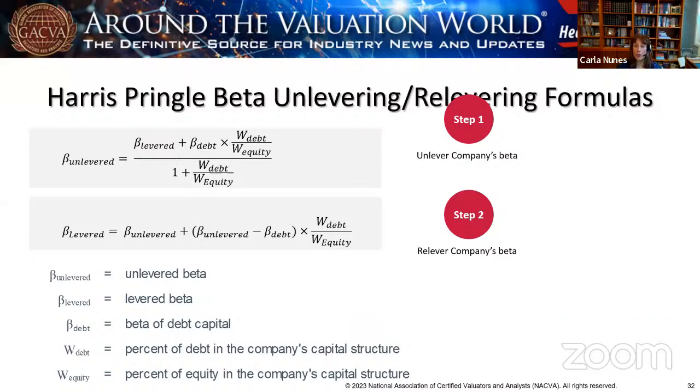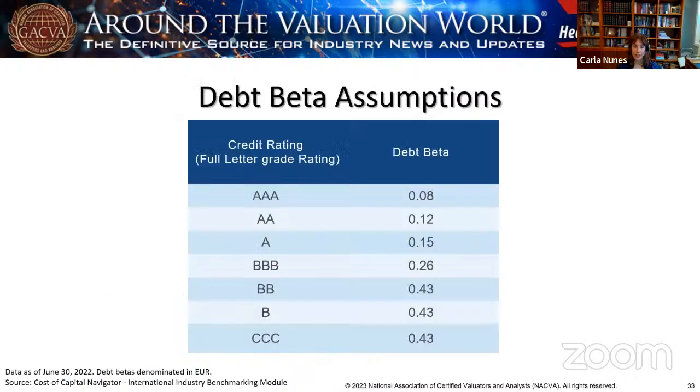And so the question is, where do you get debt betas to do that analysis? And this is a full illustration. We do this in our other module, which will bring down the line, will bring this ability to the beta module. Right now, we don't have Harris-Pringle, but we're planning on adding Harris-Pringle to the mix.